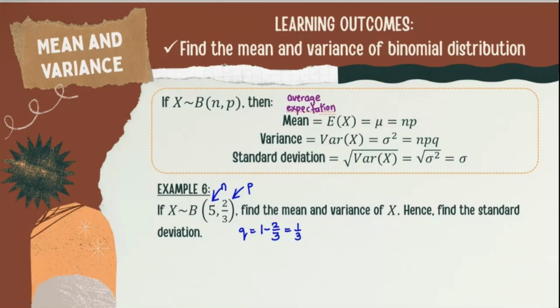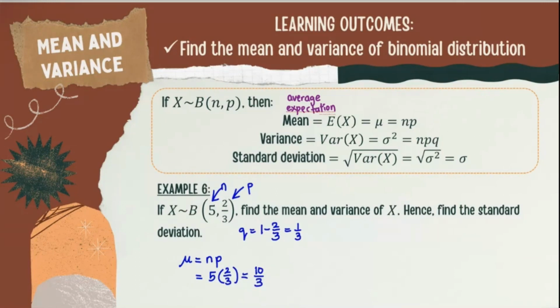Okay, now let's start with find the mean. Mu akan sama dengan N we multiply by P. So N kita 5 darabkan dengan 2/3. So dapatlah jawapan 10/3. Settled.